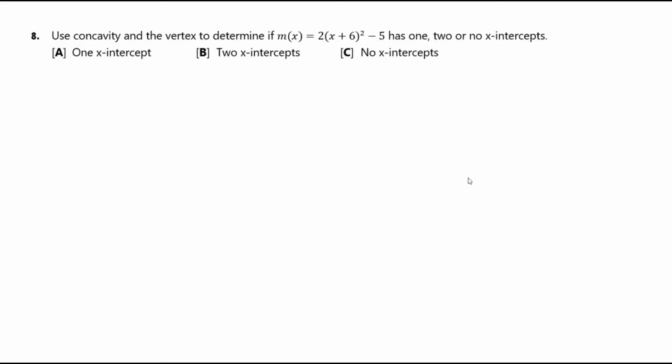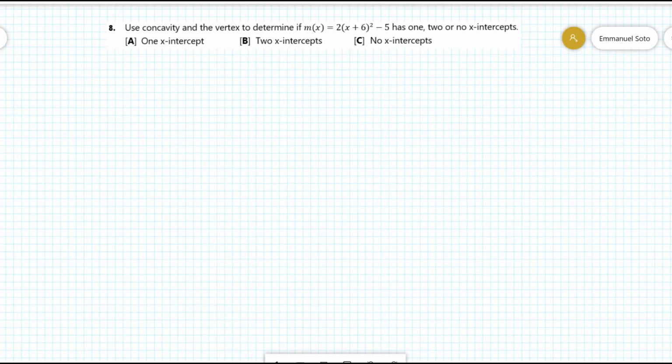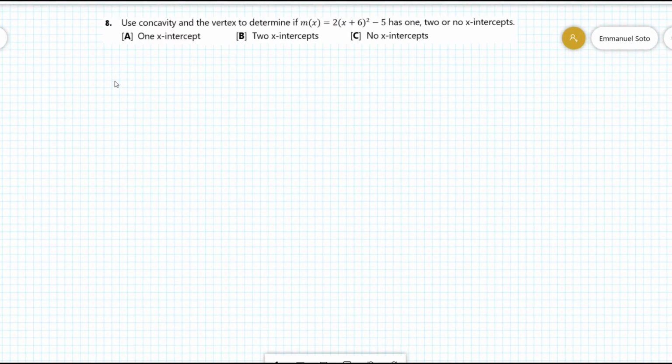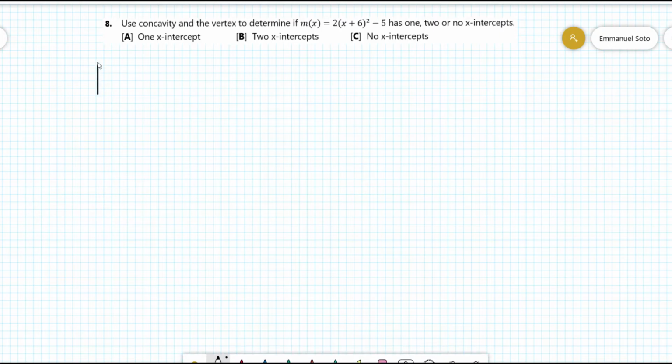For number 8, you need to use concavity and vertex to determine how many intercepts this has. So what we're going to do is try graphing this. Remember that concave up means that the parabola looks like a smiley face. Concave down means that the graph looks like a frown.